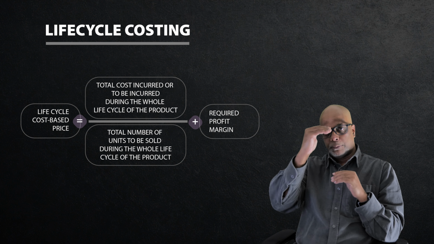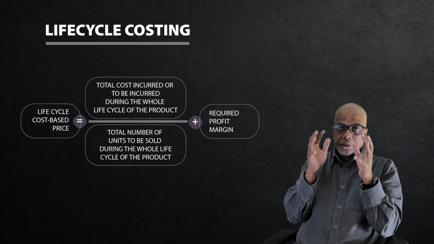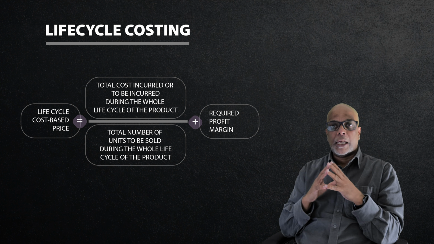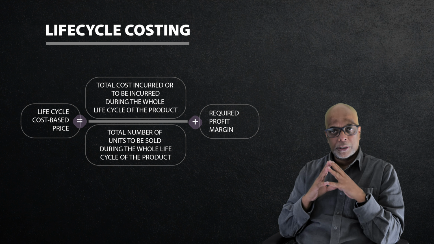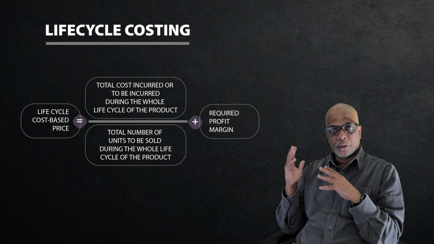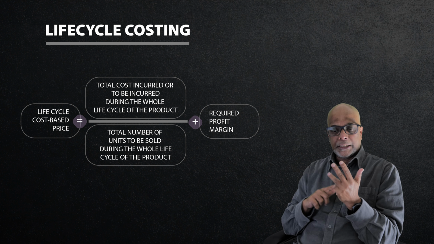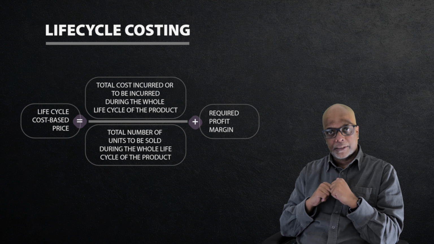If you go through the textbook, you can understand there's a case study in which I explain how this life cycle costing based pricing is carried out. So that's life cycle costing, either as an asset management technique or product pricing technique.